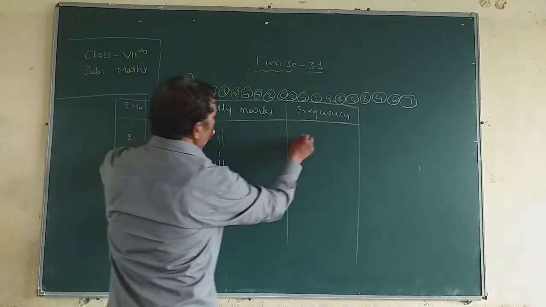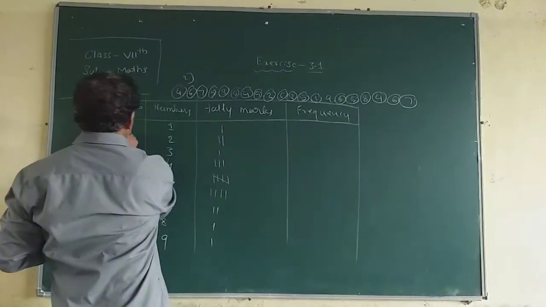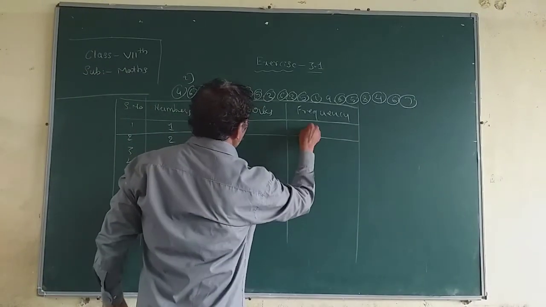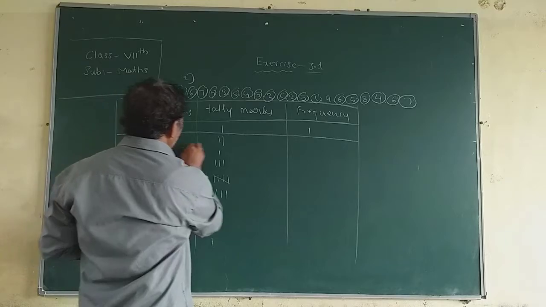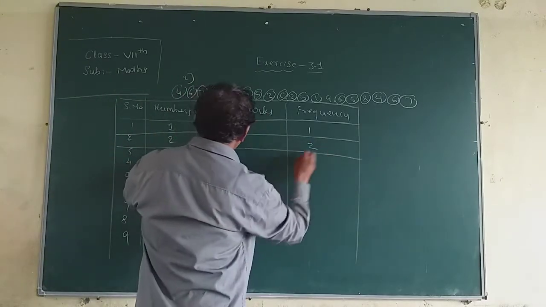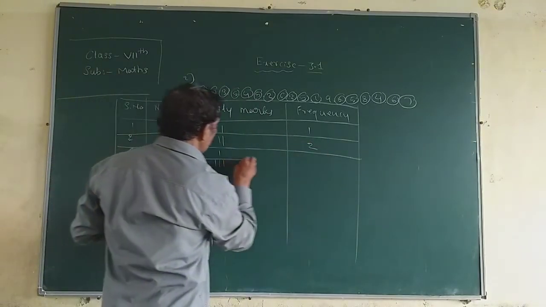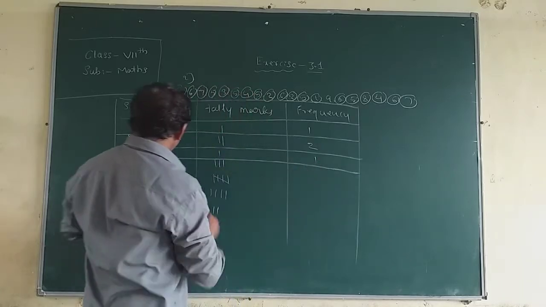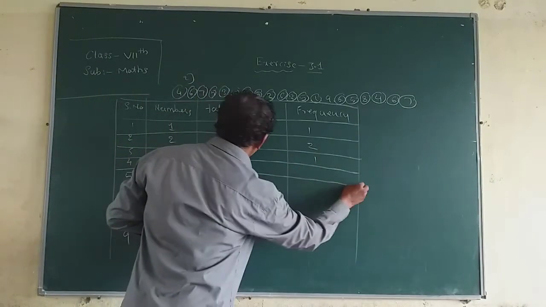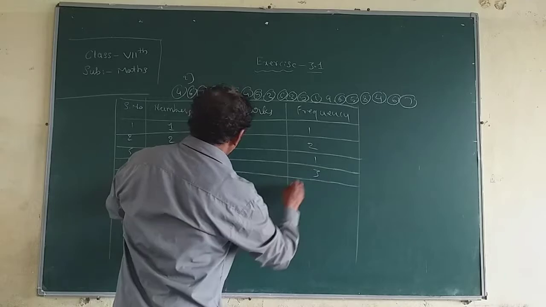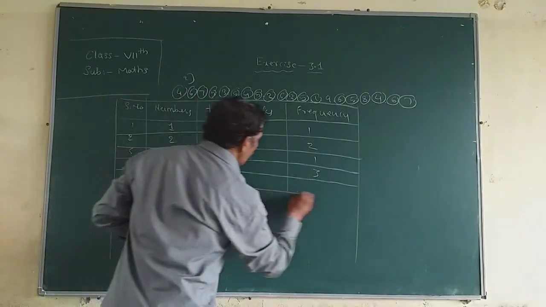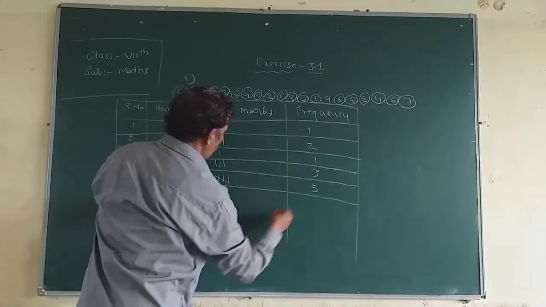First one, 1. Number of tallies. Second, 2. Third one is 1. Fourth one is 3. Fifth one is 5.